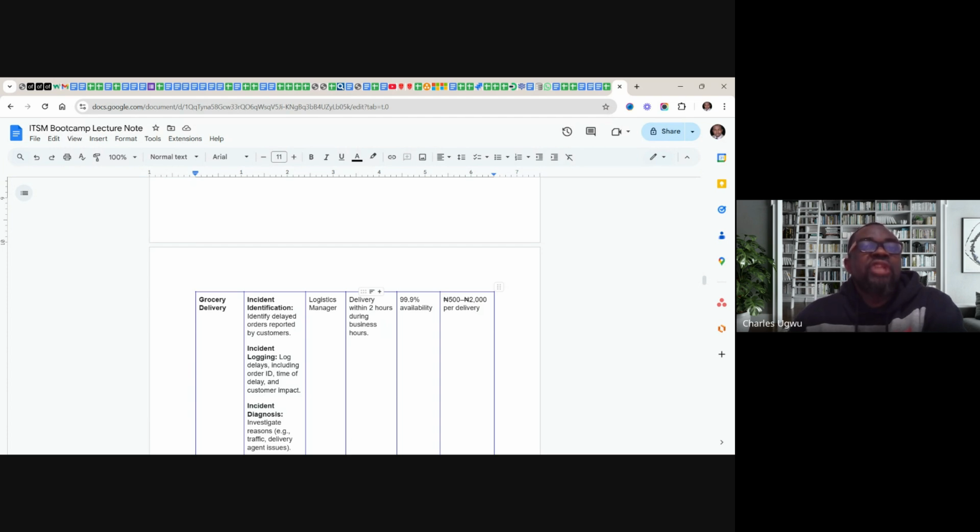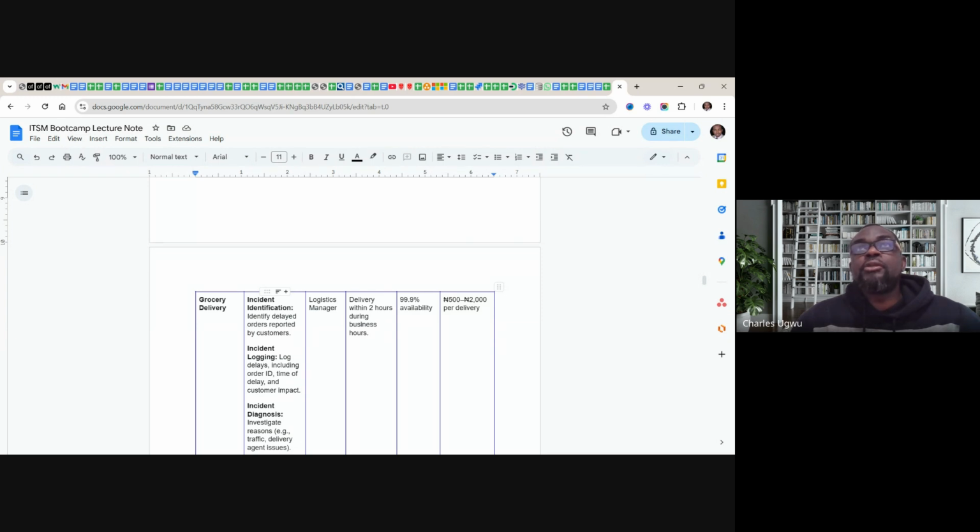We still have service level agreements within our incident management, because we can't troubleshoot incidents forever. Within incident resolution, we still have to talk about how we manage the service level agreement within incident management.